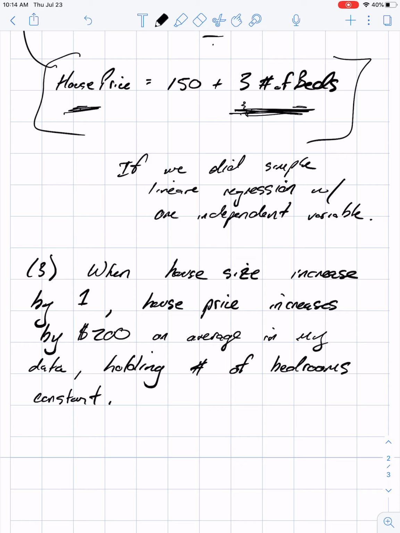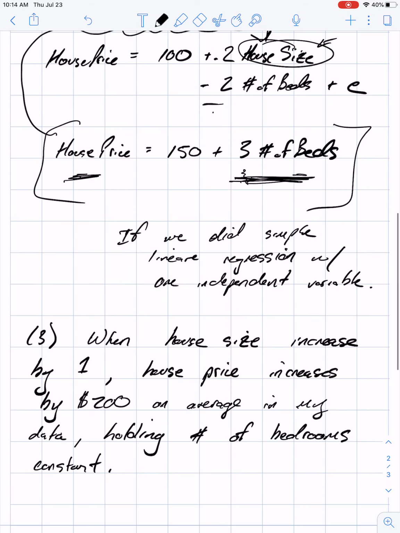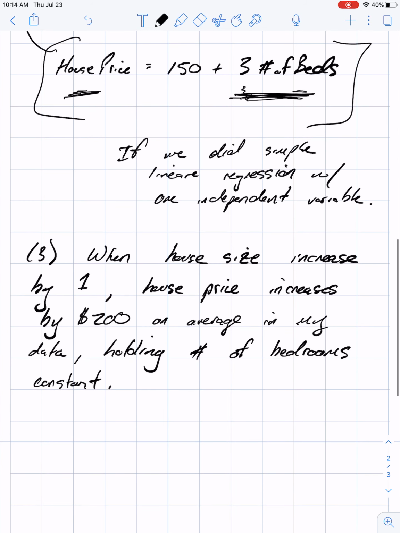That is the complete interpretation. That's the first interpretation you want to do in multiple regression. So when house size increases by 1, house price increases by $200.